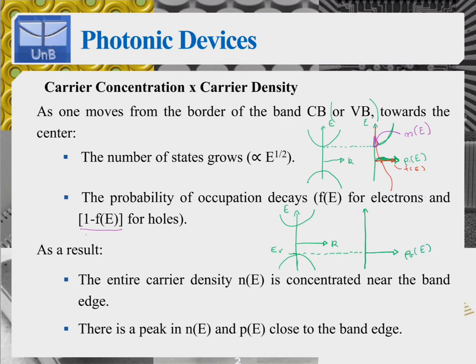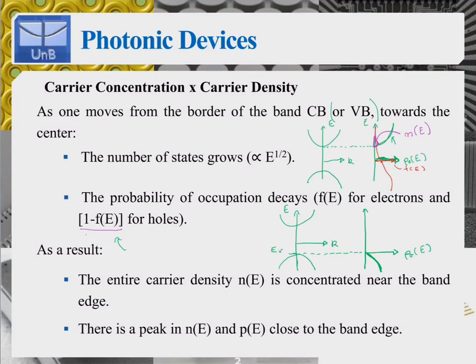So this corresponds to rho of E for the conduction band right here. It still grows with the square root of E towards the center of the valence band as well. So it looks something like this similarly. And we can also draw the probability of occupation, but now for holes, which is 1 minus the Fermi function.